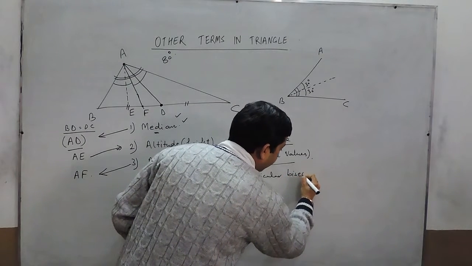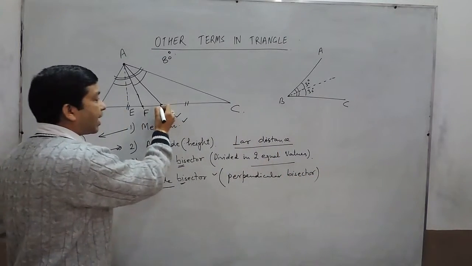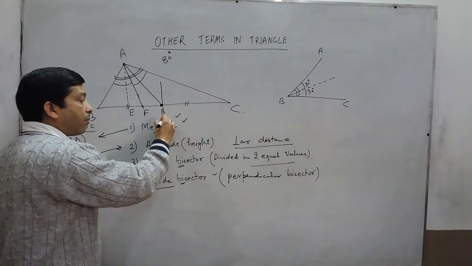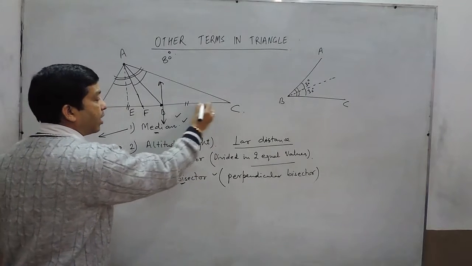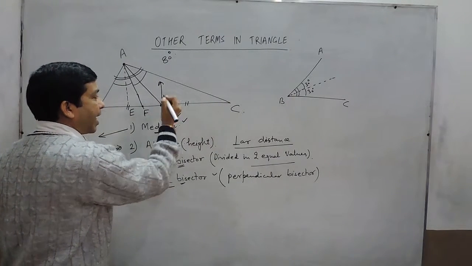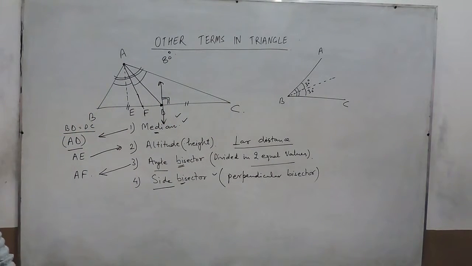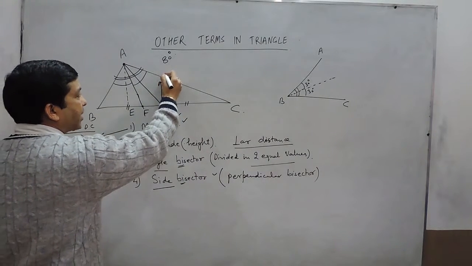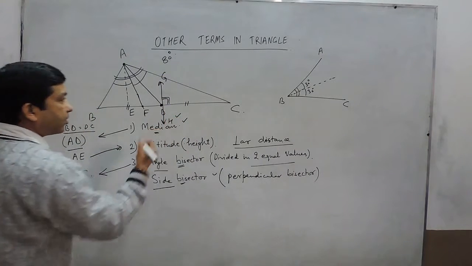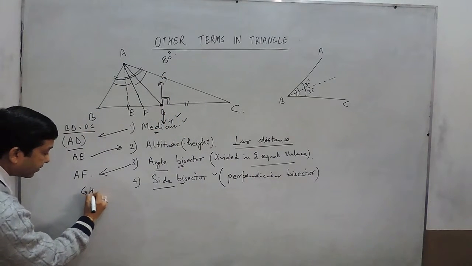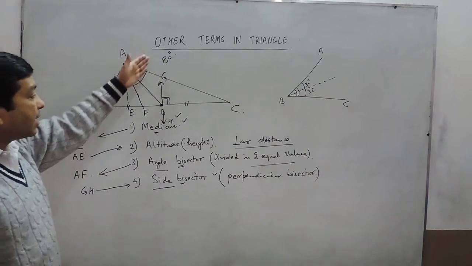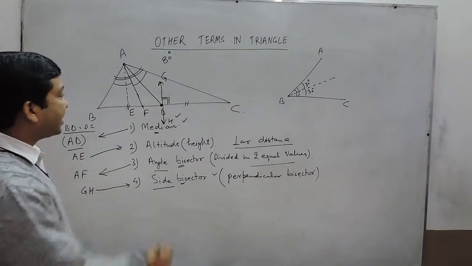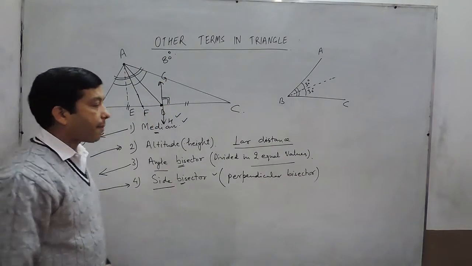It divides the side into two halves, but the line is perpendicular to BC, making an angle of 90 degrees with BC. If I mark the points G and H, then GH is the side bisector of side BC. This is the meaning of side bisector.